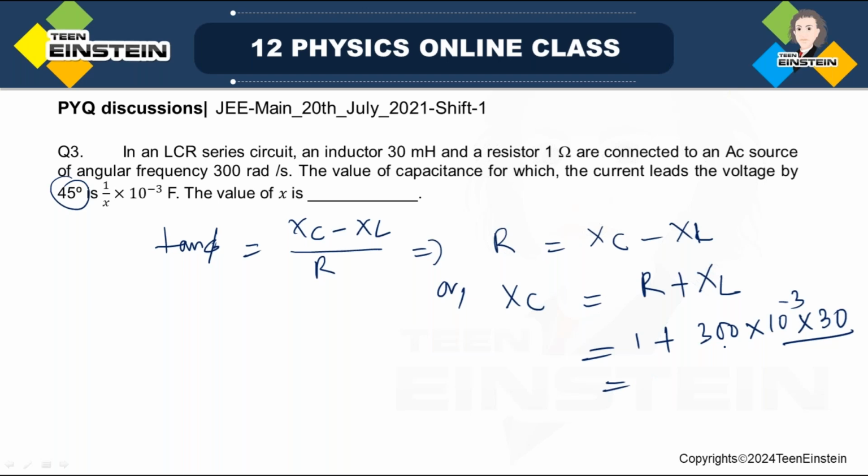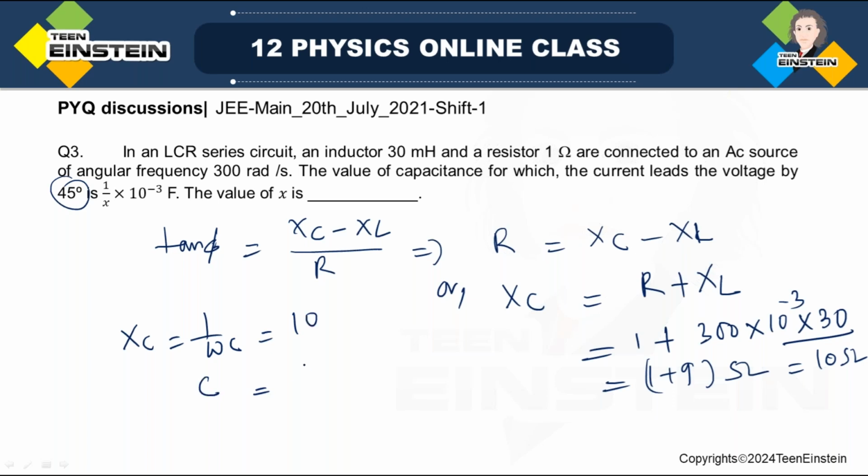So this is 1 ohm plus 9 ohm, which will be 10 ohm. Once we get xc, we know this is 1 over omega c, and that is equal to 10.